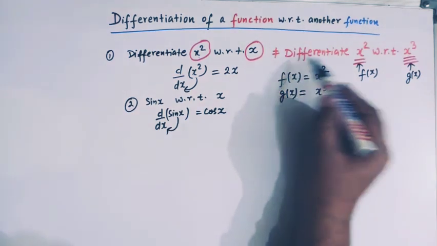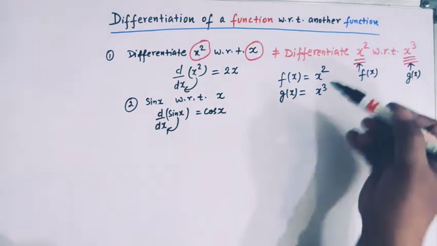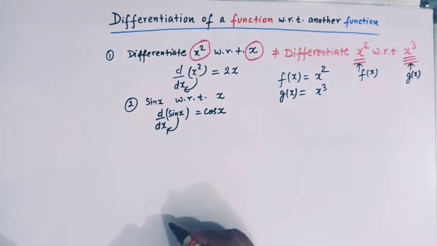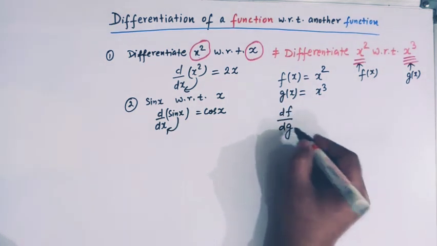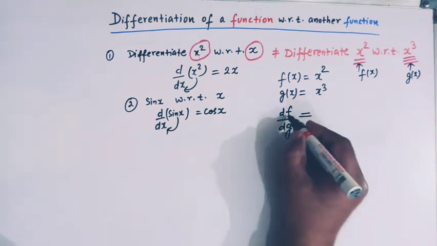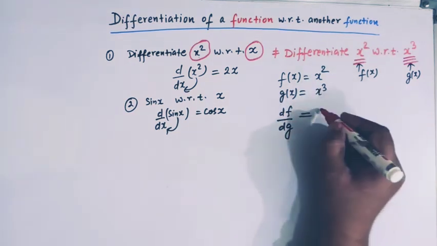Now the derivative of x square with respect to x cube means we have to find the derivative of f with respect to g. It means we have to find df over dg. So what we will do, we'll first find the derivative of f with respect to x.